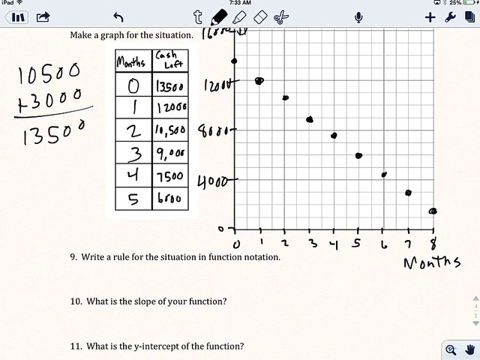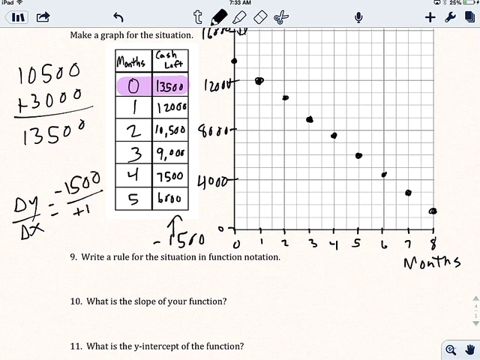Okay, write a rule for the situation in function notation. So I can see the y-intercept. You might remember from my work before that every time a month went by, it took away 1,500. So my change in y over change in x is take away $1,500 for 1 month, which simplifies to minus 1,500.